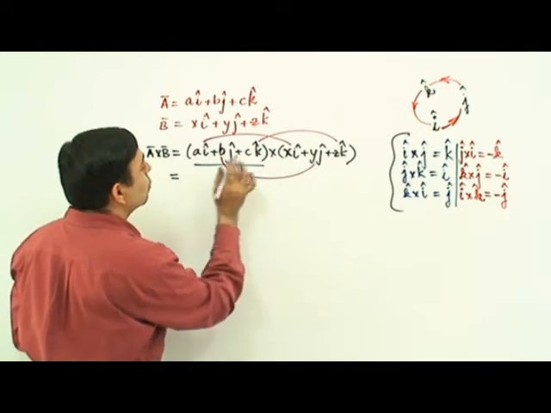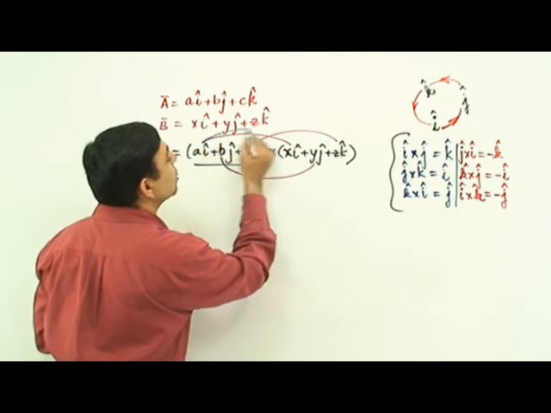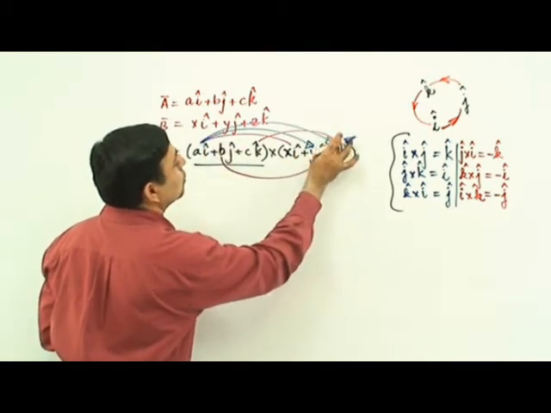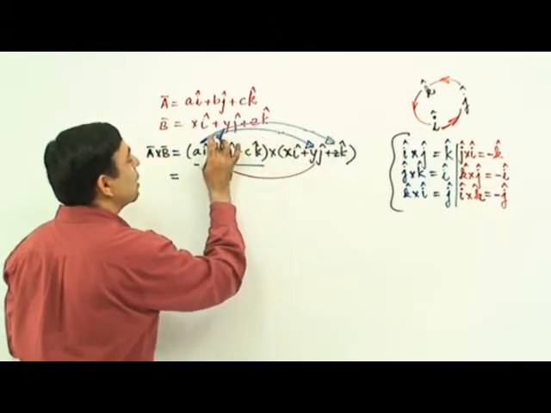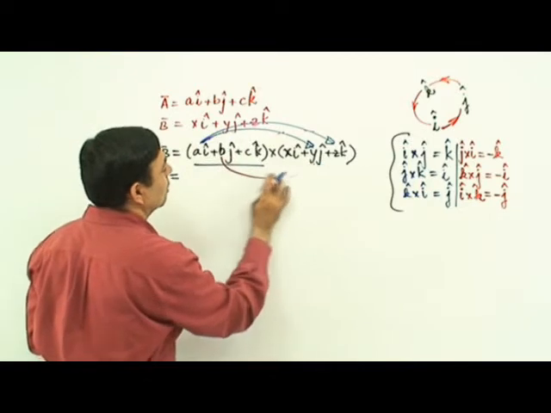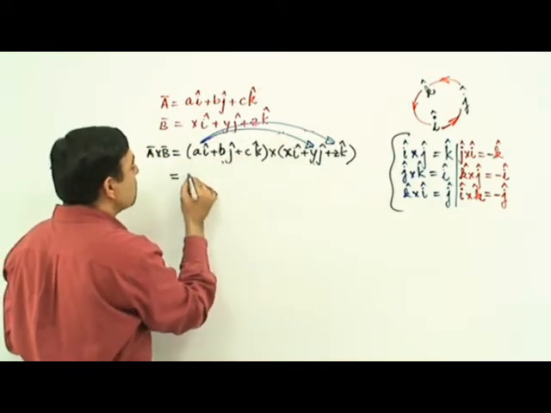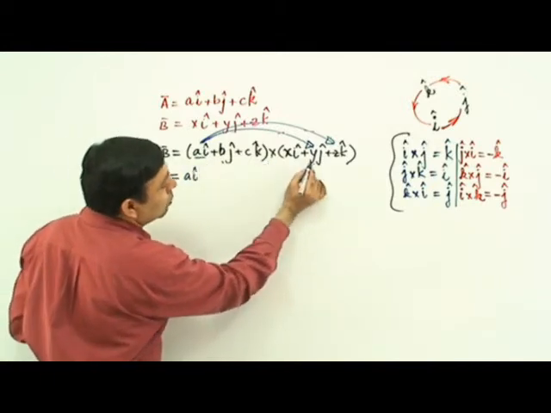So let us take I with j and I with k, j with k and I, and k with I and j. Okay, so now what is going to be ai cross yj.